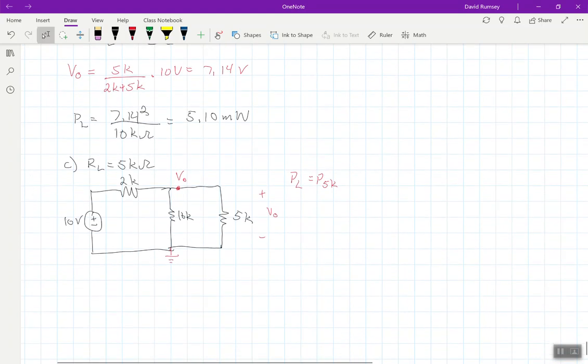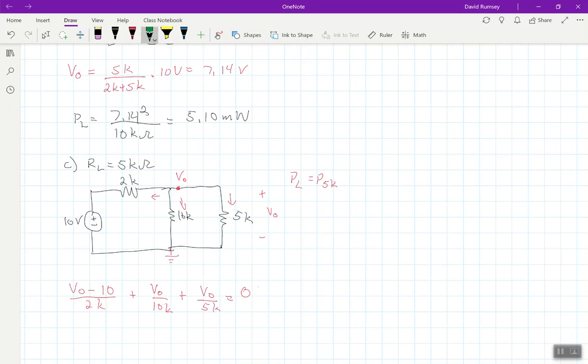Then we'd have this node equation: V out minus 10 over 2K, because that's the current going this direction, plus V out over 10K, that's the current going down, plus V out over 5K, which is also the current going down. And that's all of those currents, and this is equal to 0.